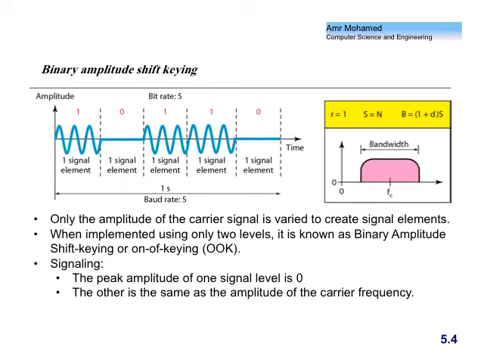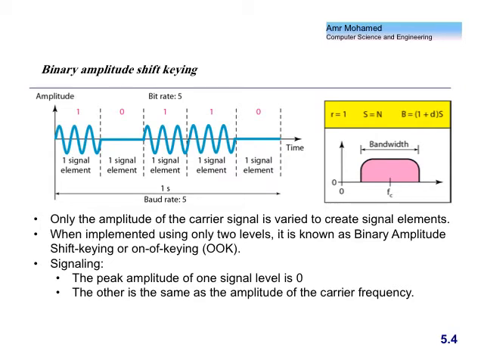That's an advantage. Okay, what is the disadvantage here? The disadvantage is that this technique is very prone to noise, because inherently, noise affects the amplitude more than anything. The noise affects the amplitude a lot. Okay?